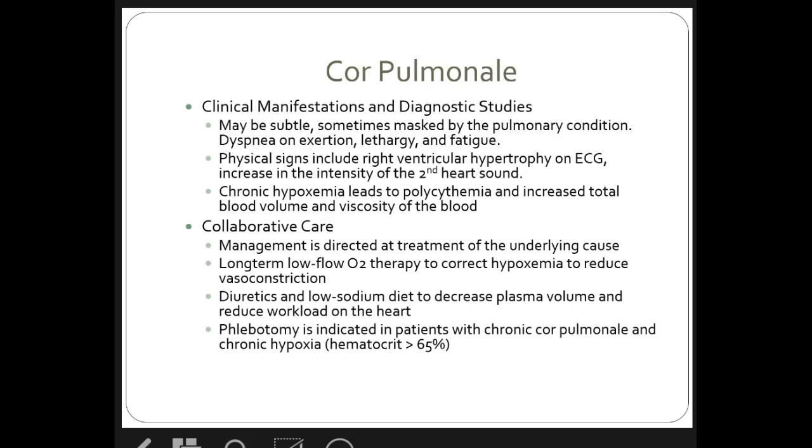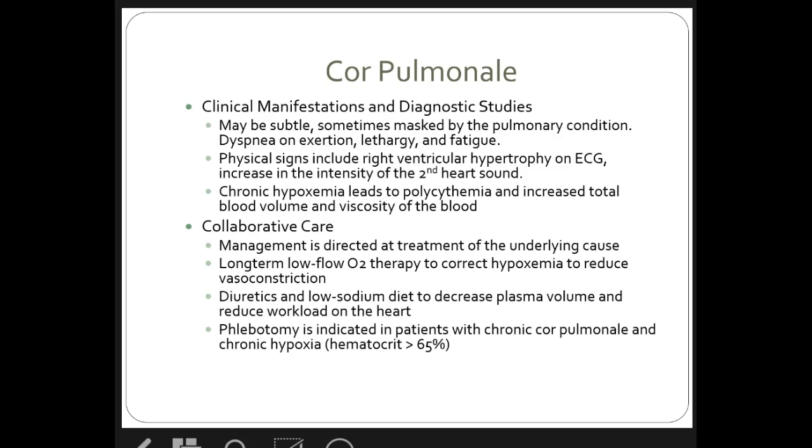With cor pulmonale, initially it can be subtle, and sometimes it's masked by the pulmonary condition. They can have dyspnea on exertion, lethargy, fatigue. Physical signs include right ventricular hypertrophy on an ECG, and an increase in the intensity of the second heart sound when you're auscultating heart sounds.